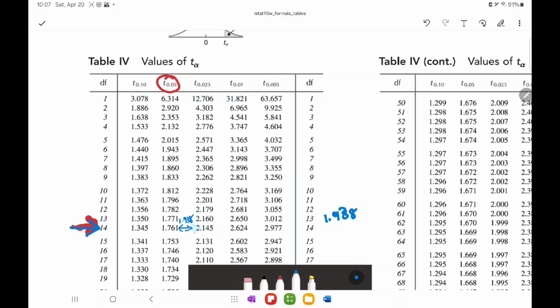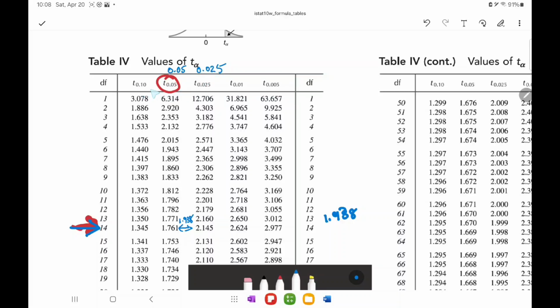And we have to now look at these alpha values. For 1.761, the alpha value is 0.05, and for 2.145, the alpha value is 0.025. So 1.938 being between these two values, the corresponding p-value would be between 0.05 and 0.025.